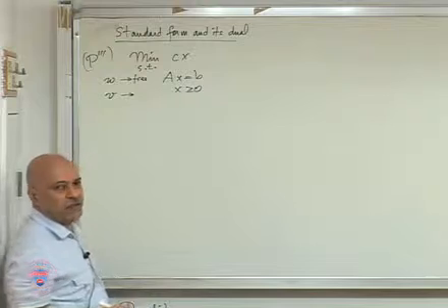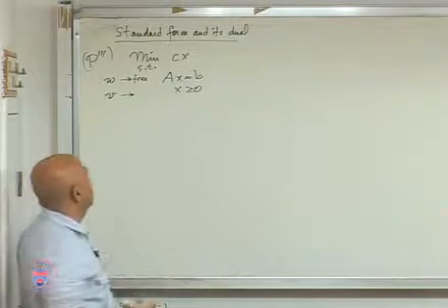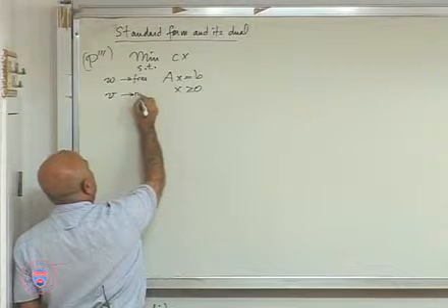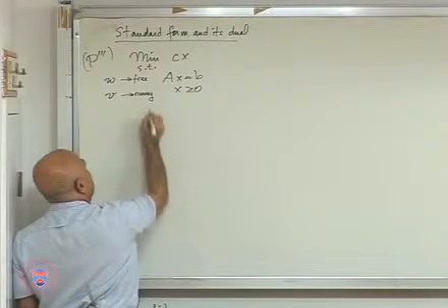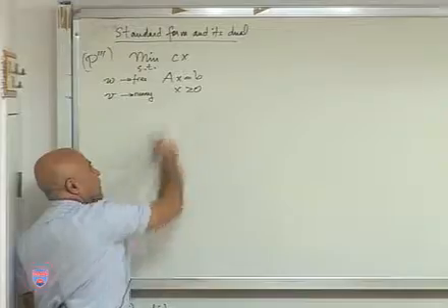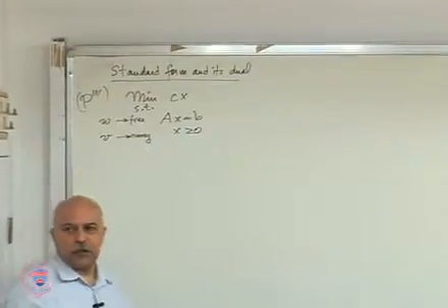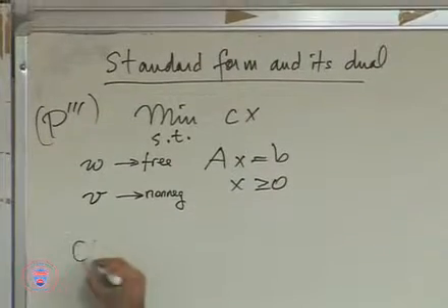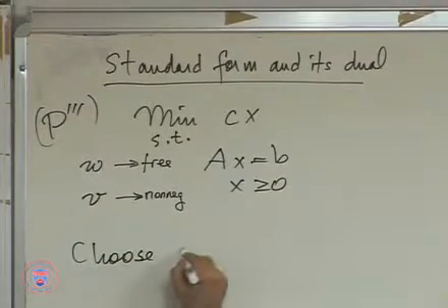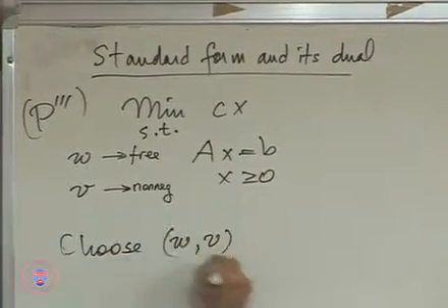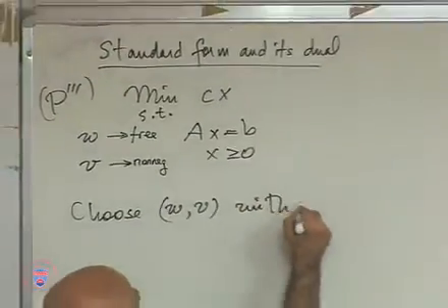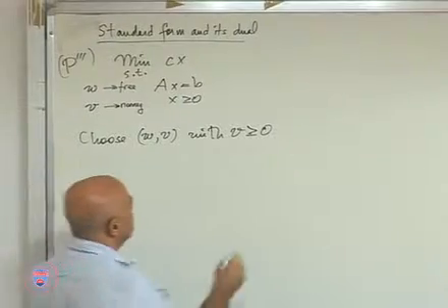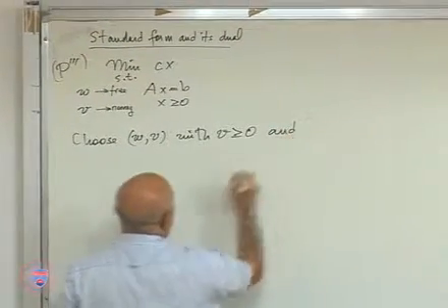You don't have any sign restriction for that reason. In the other one, of course, you want non-negativity, because the inequalities will be switched if you don't have that condition.